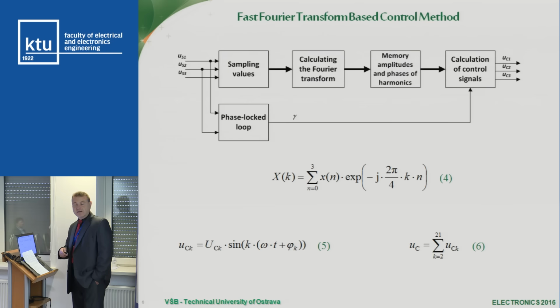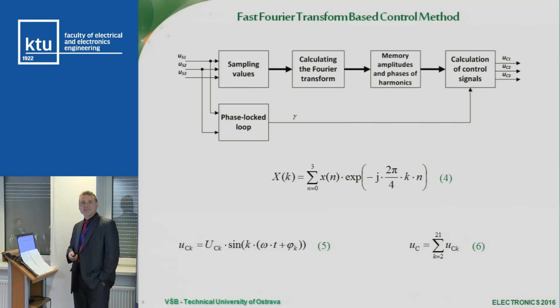This is the fast Fourier transform, for example from a 4 point discrete Fourier transform, and this is no good, and this is no better, because we must sample this value, and after that we calculate this distortion. It is for some next time.